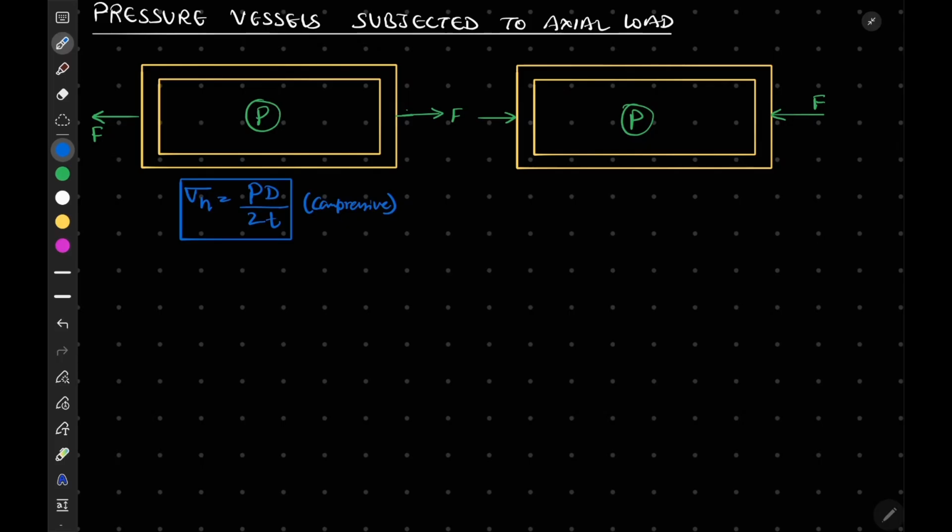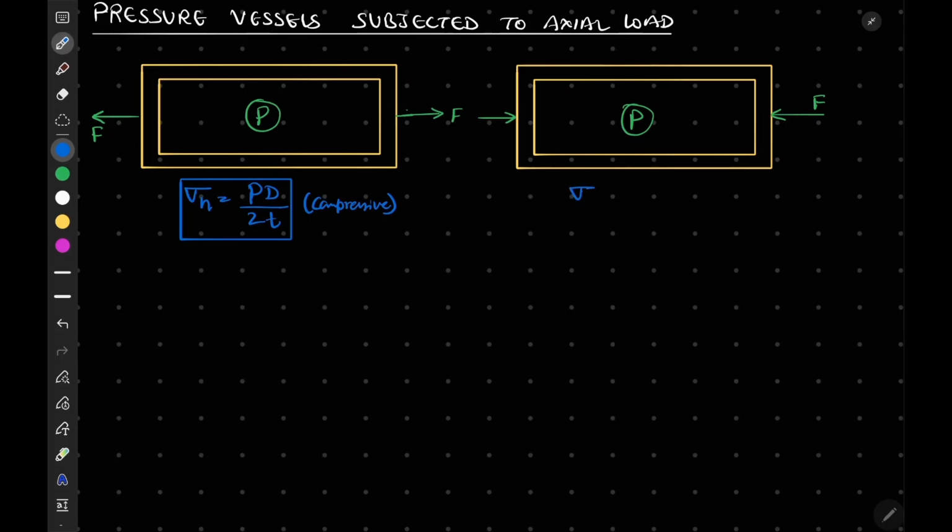Now in case there is an axial push, due to the push your volume decreases, and due to the decrease in volume the pressure inside will rise, and due to this increase in pressure your hoop stress is tensile.